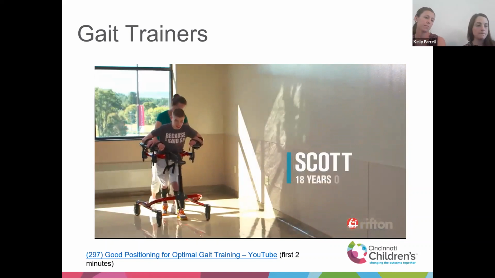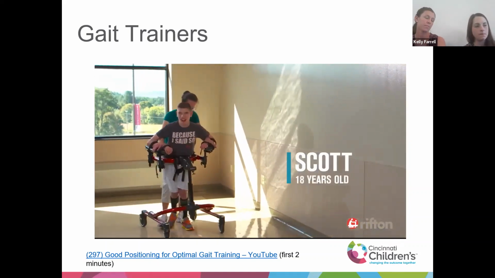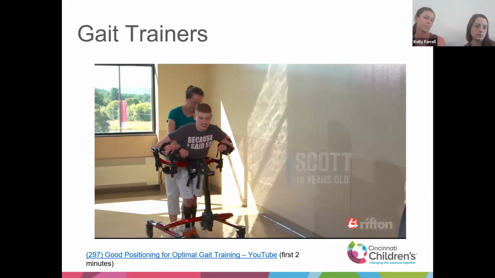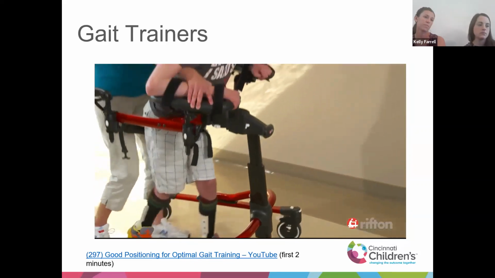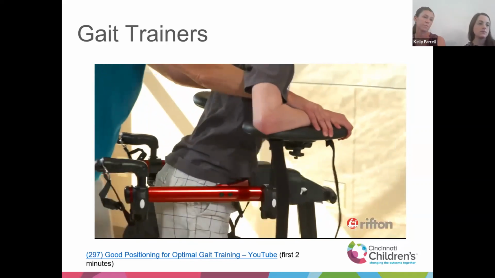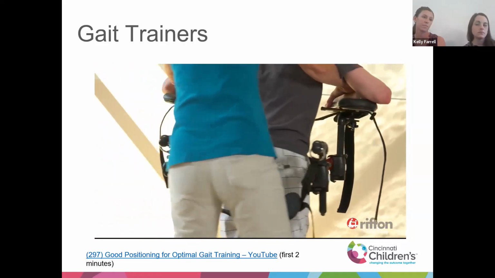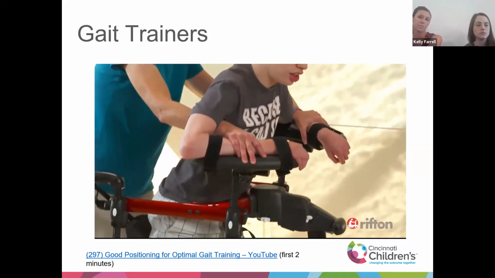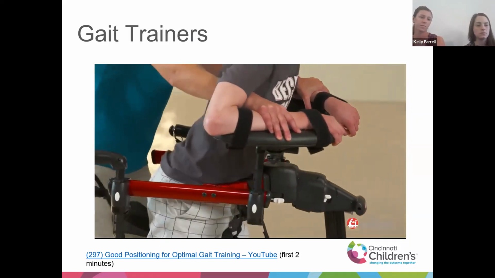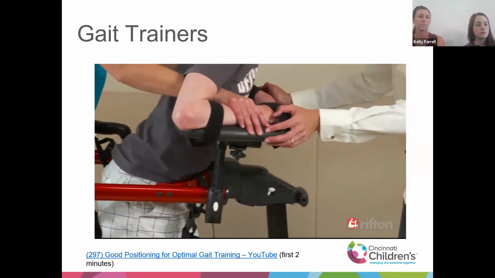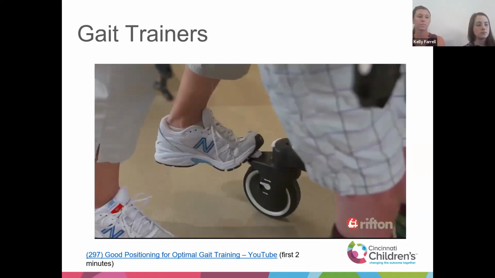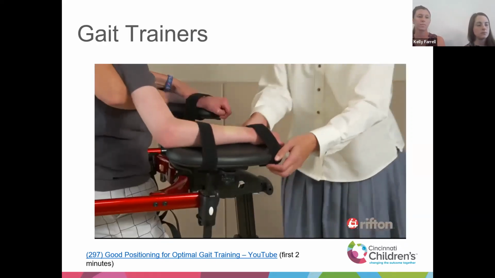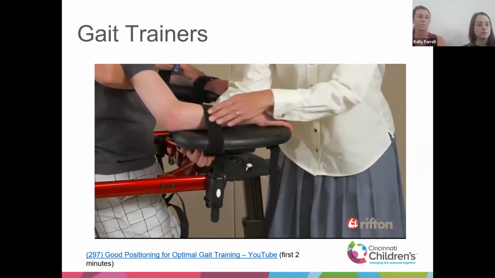Scott is 18 years old with mild cerebral palsy and autism. He has generalized hypermobility and low tone and uses orthotics to stabilize his ankles. In his first trial in the Dynamic Pacer, Scott walked in extreme forward-leaning posture with poor control. We set the brakes in order to adjust the accessories to improve his positioning.